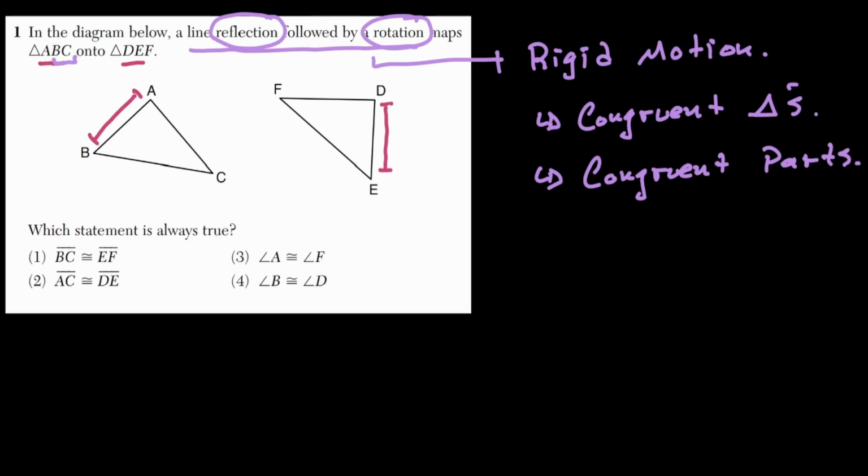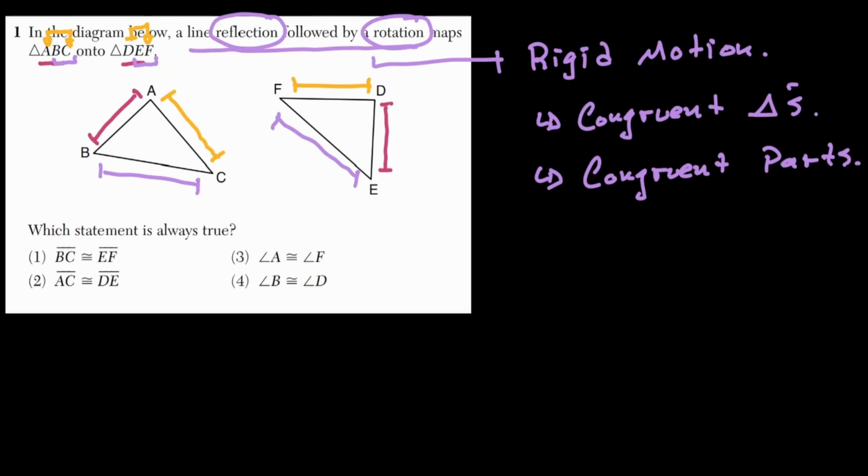And then we can go on. BC is the second and the third letter. That section is going to be congruent to the second and the third letter, which in this case is EF. And lastly, the third letter with the first letter, CA, is going to be congruent to the third and the first letter, which is FD.